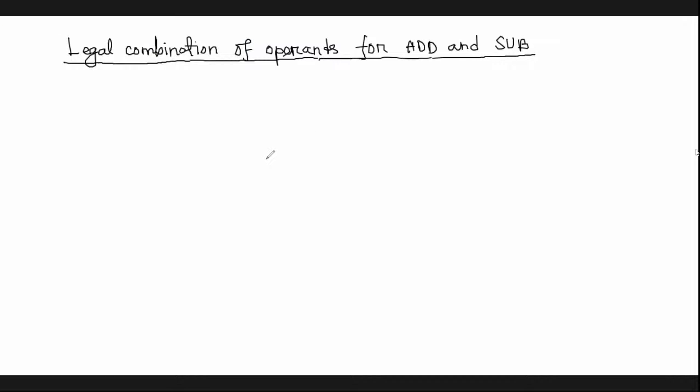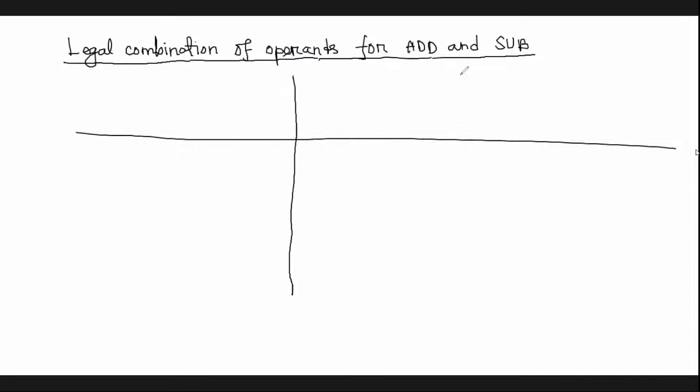So what is the legal combination of operands for add and sub? You already have a notion about that. Suppose this is the destination and this is the source. Here we write the source, and here the destination.